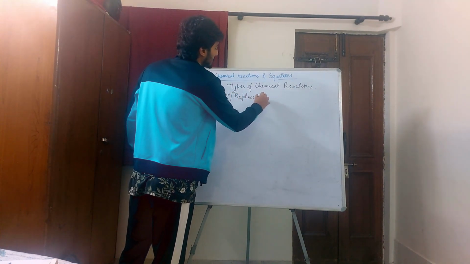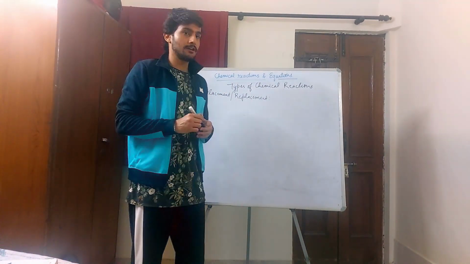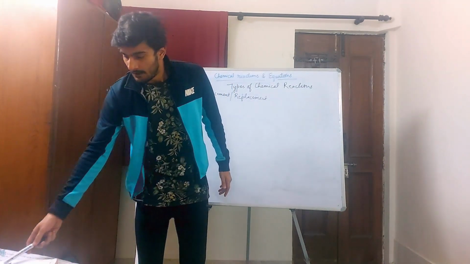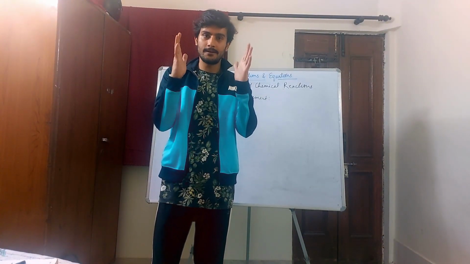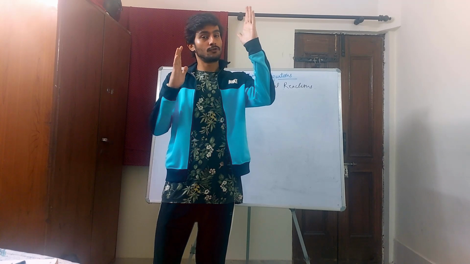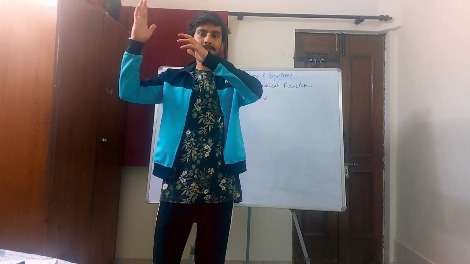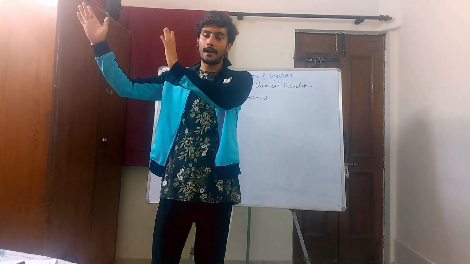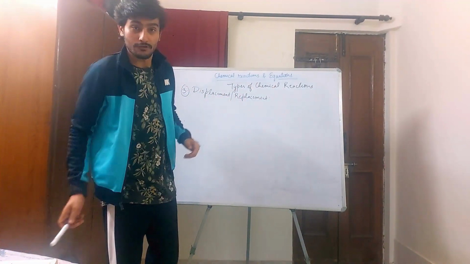Somewhere they call it replacement, somewhere they call it displacement. For this reaction, let me give you a very good example. Let's say there are two kings who are fighting, right? One will be more powerful and the other less powerful. So what will happen? The more powerful king will come and remove the less powerful king, and he will take his throne. That is how these also work.